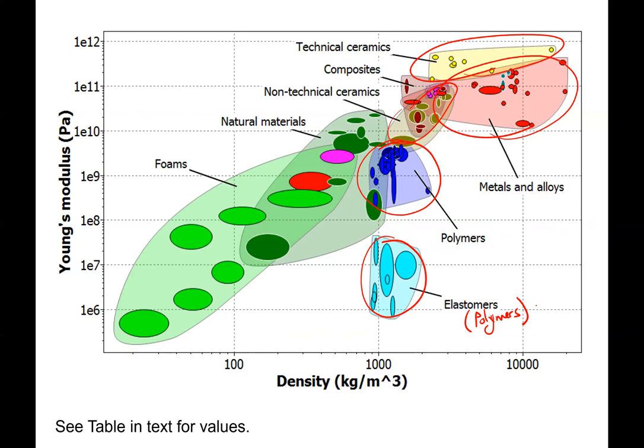And then we've got our foams, natural materials, etc. Again, values, you're looking at hundreds of gigapascals up here. And then when you get to the polymers, you're looking at something like a gigapascal. And elastomers, you're looking at maybe 10 megapascals or so.